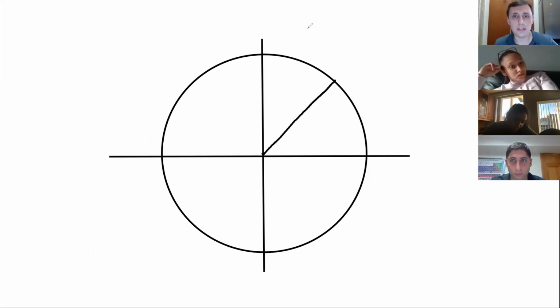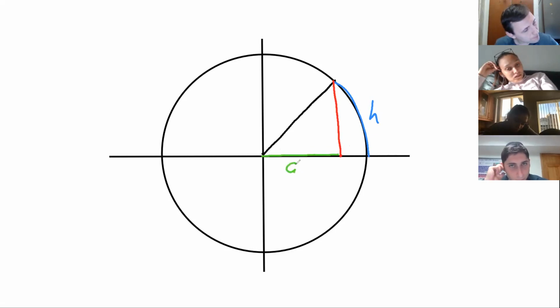Here is my angle H. Here is my sine. And here is my cosine. So this is cosine h, this is sine h.